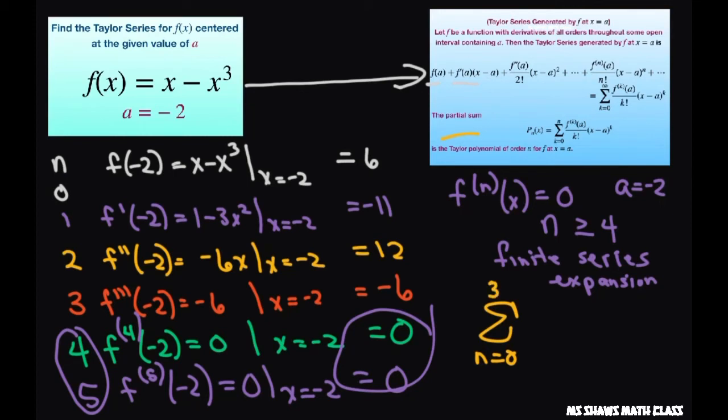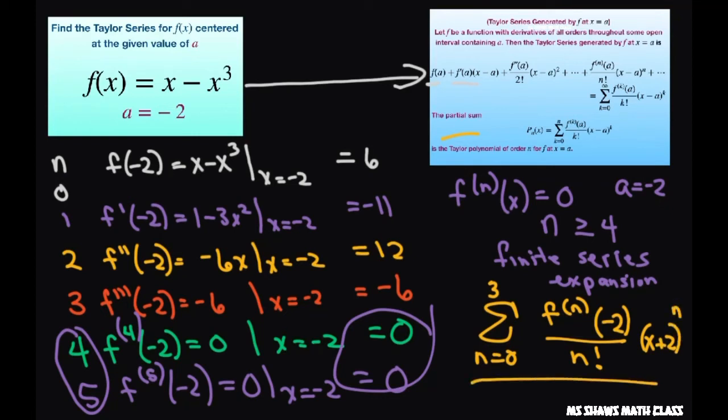We can, because after 4 it just keeps equaling 0. And then we're going to have f, the nth derivative, at -2 divided by n factorial times x minus a, which is x plus 2, to the nth power. So that's the summation, and let's write it all out.